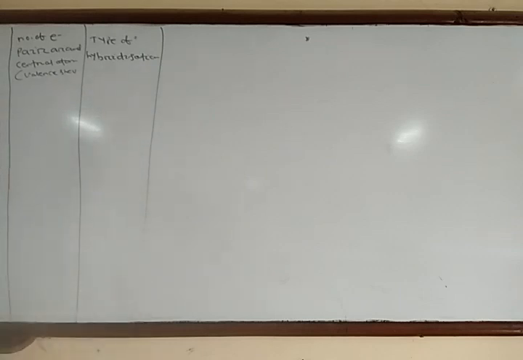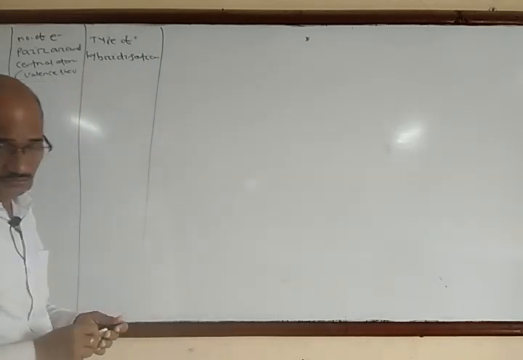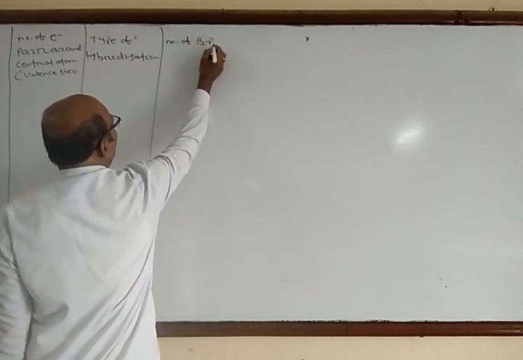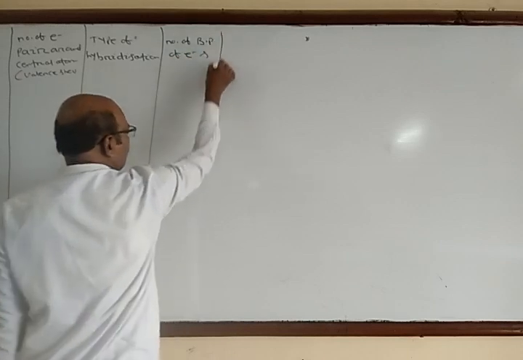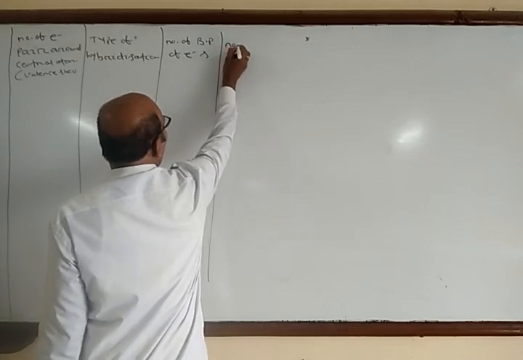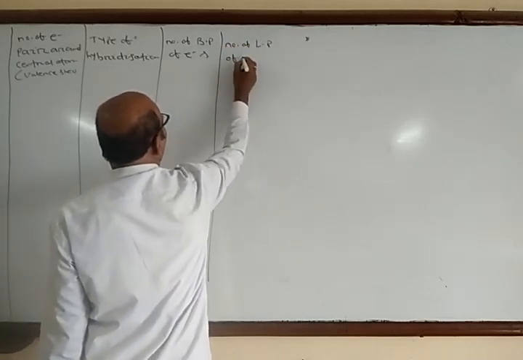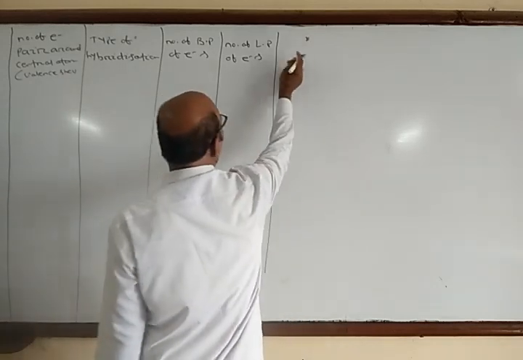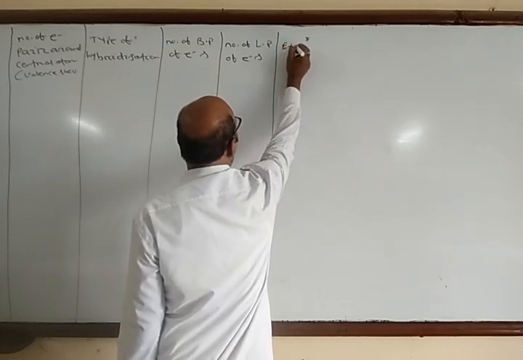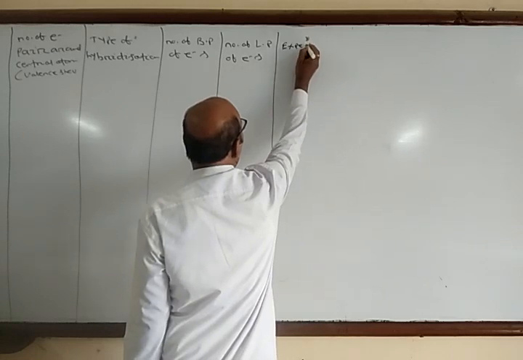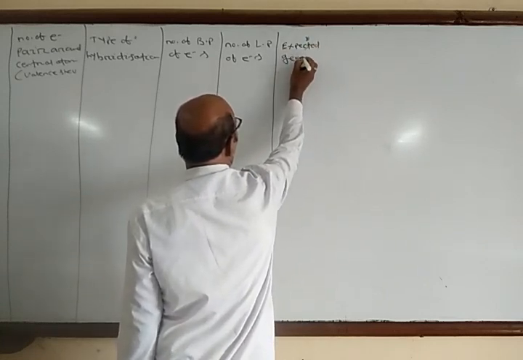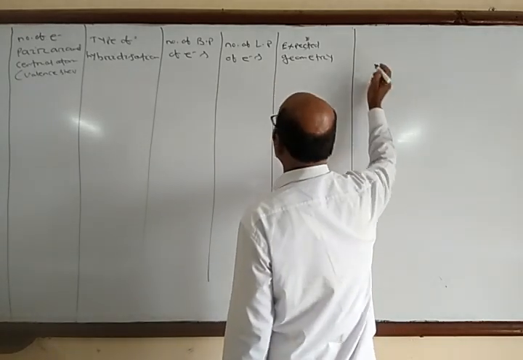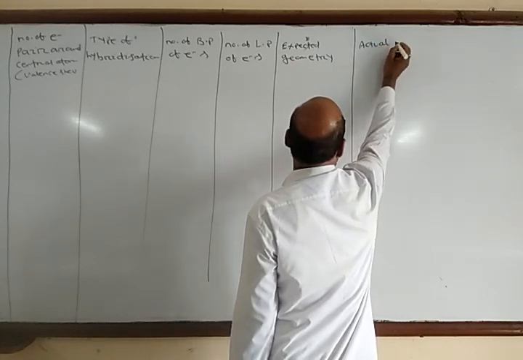Then the number of bond pairs of electrons, the number of lone pairs of electrons. Okay. Expected geometry.